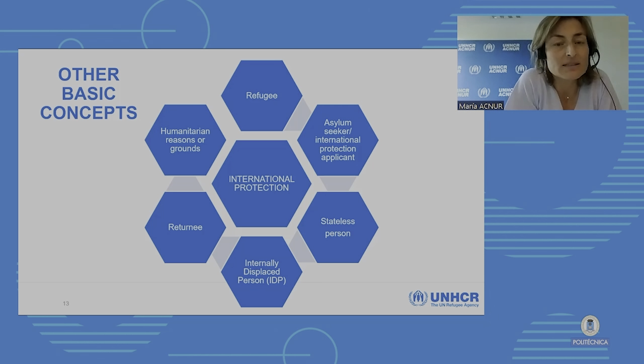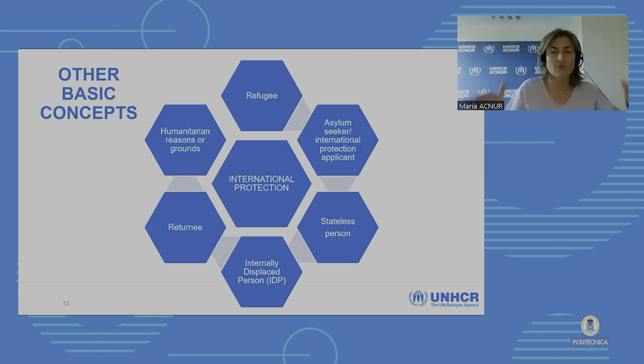Humanitarian reasons is a status which is different from an international protection status. It's not a refugee, it's a person that cannot return to his country because of humanitarian reasons. And it's a type of protection that many, specifically EU countries, do have in their legal framework.